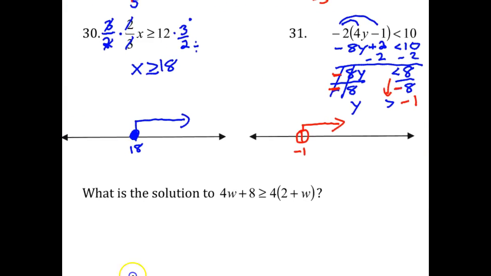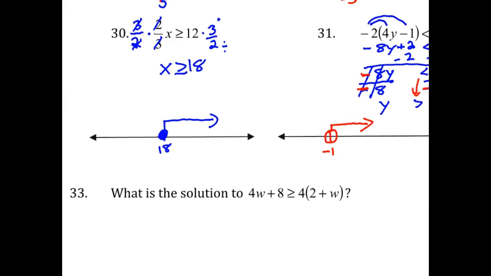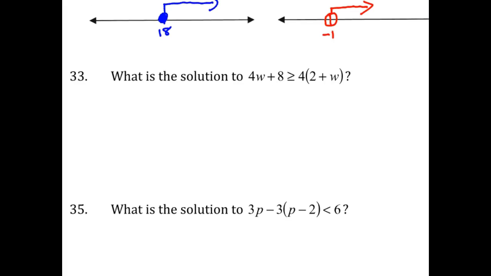Let's go to 33. Alright, so let's distribute here. We'll get 8 plus 4w. And we went over this in class already, but just in case you weren't here, we looked at this and said, what happens when the variables on both sides cancel out?